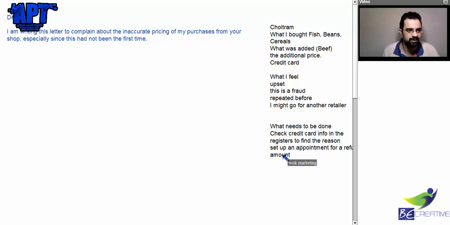Some spelling mistakes left and right, my apologies. And since I know that he is the manager of Sweetram, I can just say, dear Sweetram, manager of sales. I am writing this letter to complain about the inaccurate pricing of my purchases from your shops, especially since this had not been the first time.